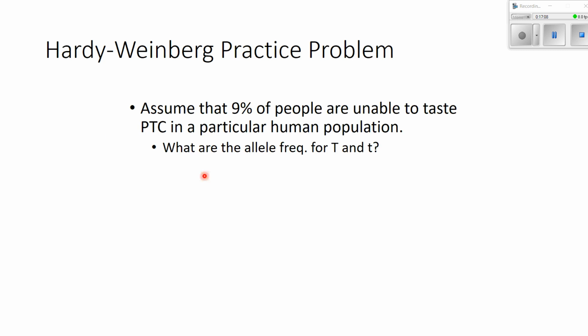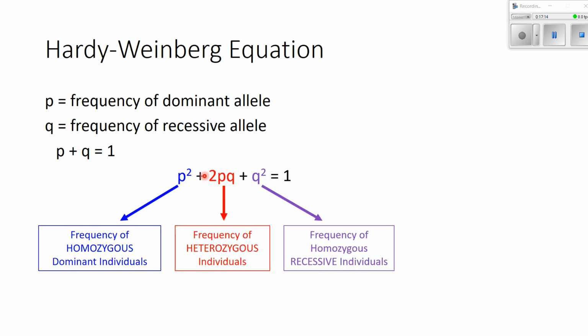And every Hardy-Weinberg problem like this, they have to give you something. They're either going to give you Q squared, and you would then take the square root of that to find Q, and then everything else will be based off of that number. Or they might just give you Q. Well, see, if they give you the value of Q, it's pretty easy to figure out what P is, right?